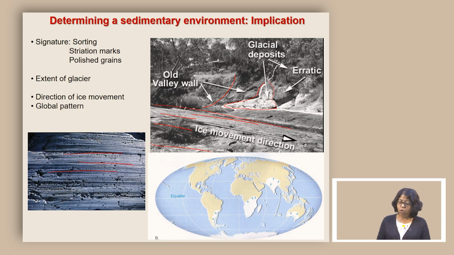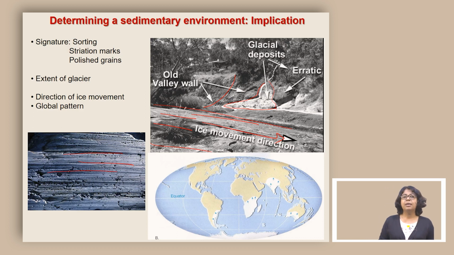We are finding all of these in the Talcher formation. Not only that, it also tells us the ice movement direction, which direction the glacier actually moved. So, all of these things are telling us that in India there was a time when we find glacial deposits in places where we do not see glaciers today.